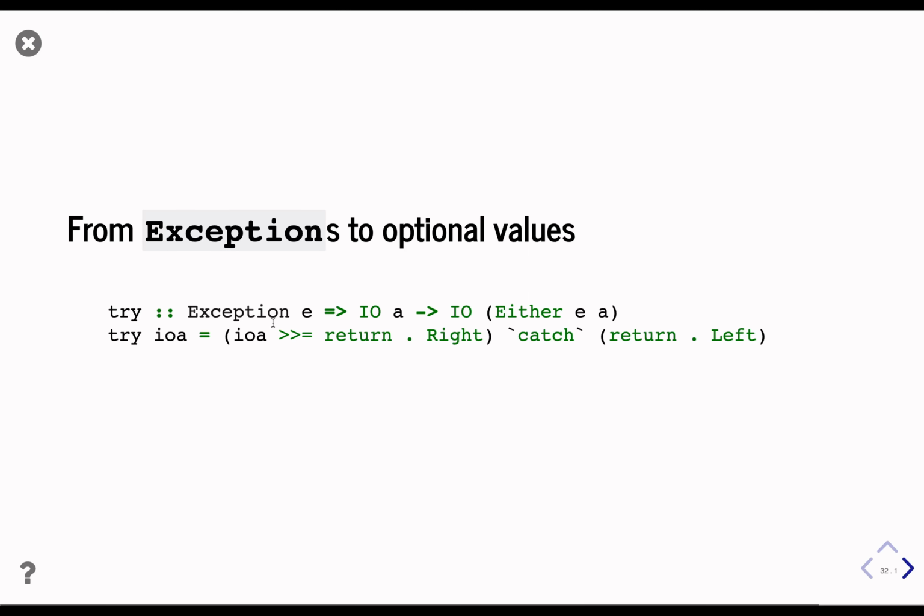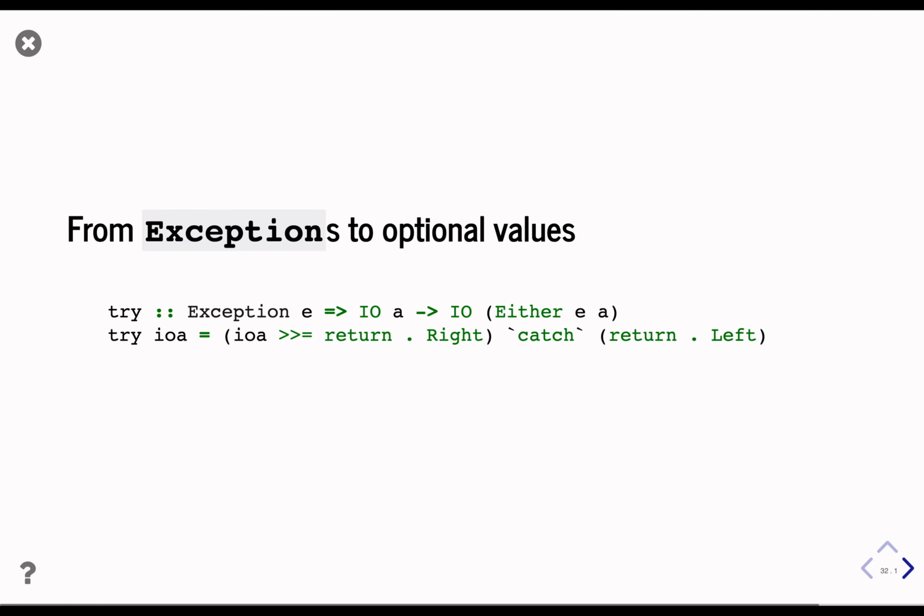If everything goes well, it returns the final result using the Right constructor. So we run the IO action and we get the a value. We apply Right to the a value to have a value of type Either e a, but because we run an IO action here, we have to wrap the result in IO again, and we get IO (Either e a).